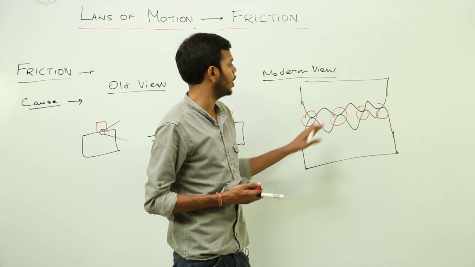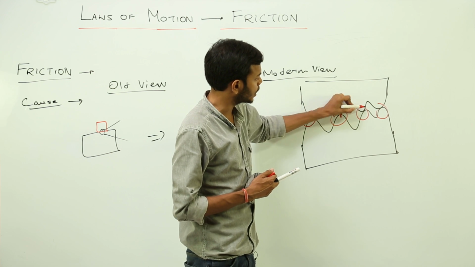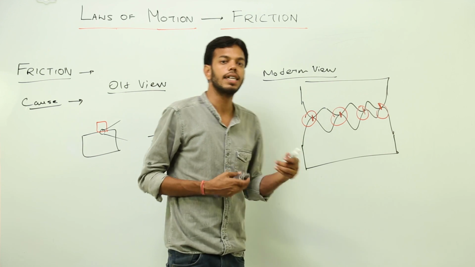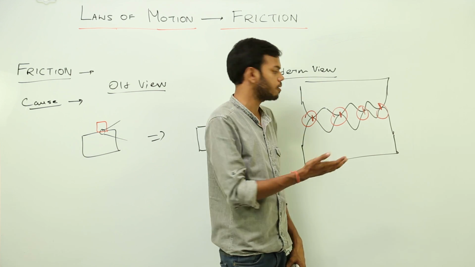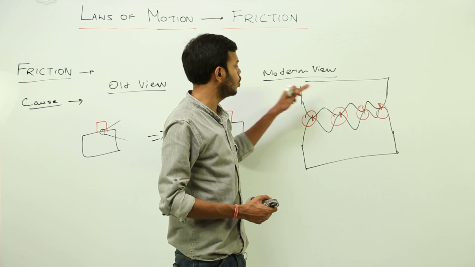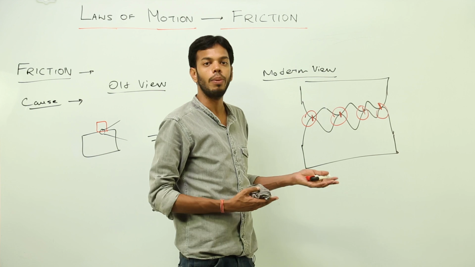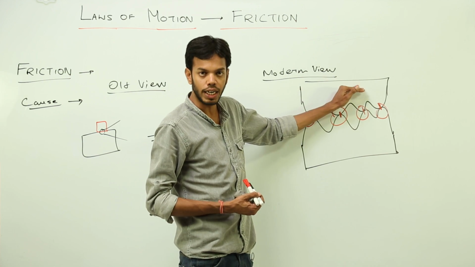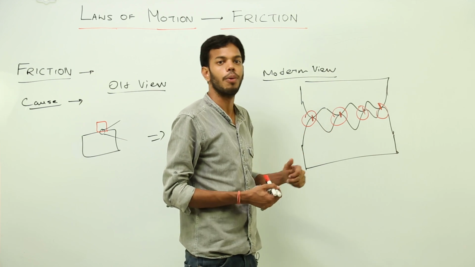At these points of contact there forms an adhesive force of interaction, and this adhesive pressure is so strong that it sometimes melts the body, or plastic deformation takes place, and these two bodies actually stick to one another. In order to move this body, it will have to break all such bonds which have already been formed, and we will require a constant force to keep it moving, so that it will keep overcoming the other bonds which are forming, right?